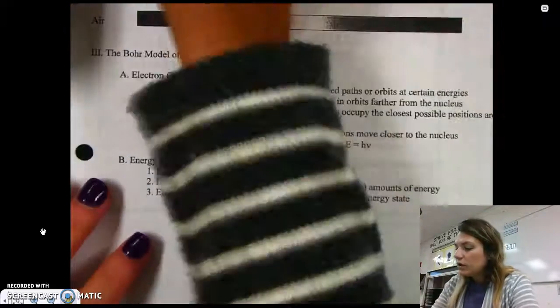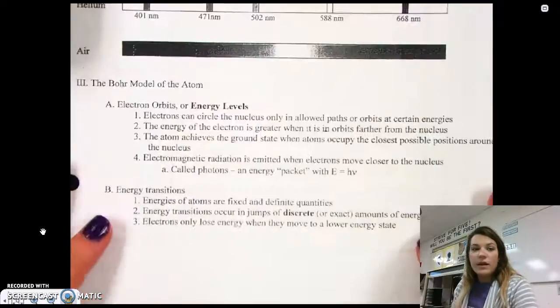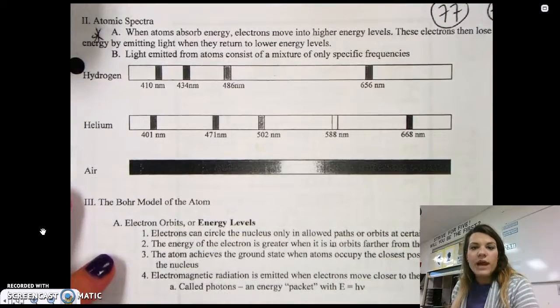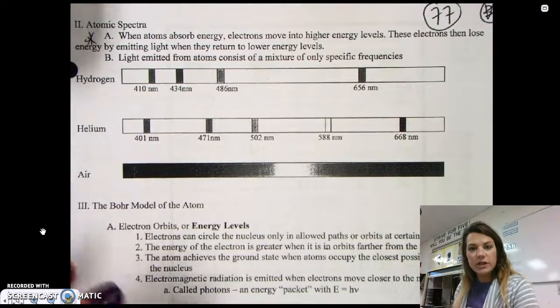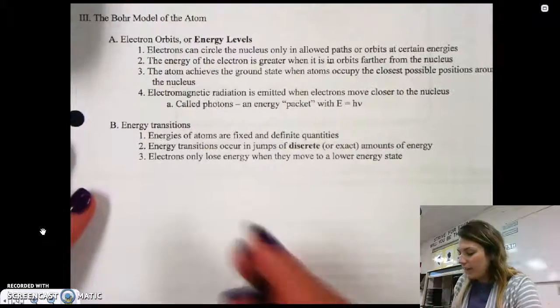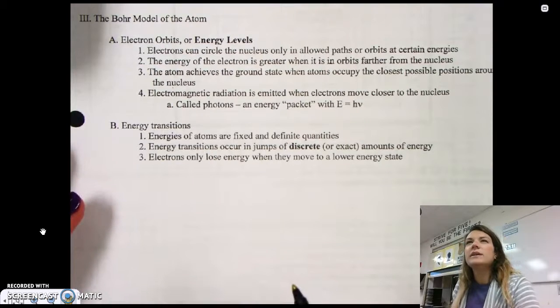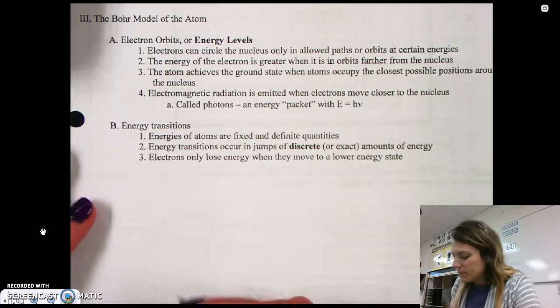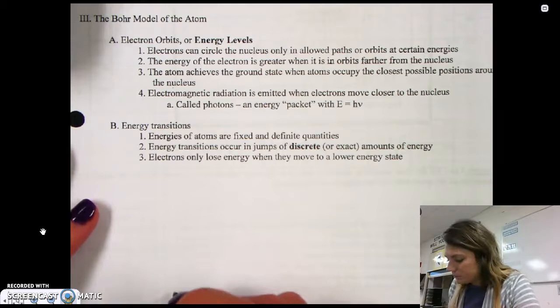Now this is the important part. When atoms absorb energy, electrons move into higher energy levels, meaning if I was to look at Bohr's idea of an atom, okay, so let's see here. Let me draw something simple like lithium.